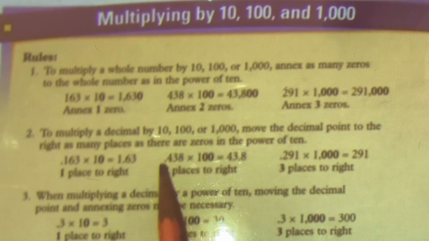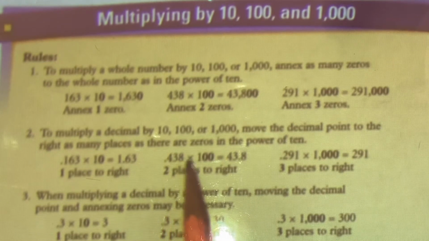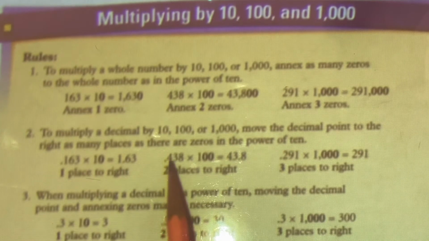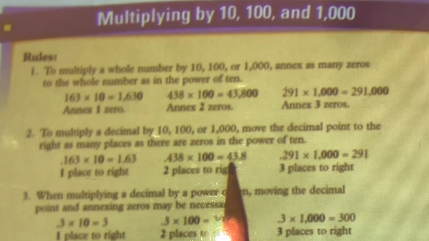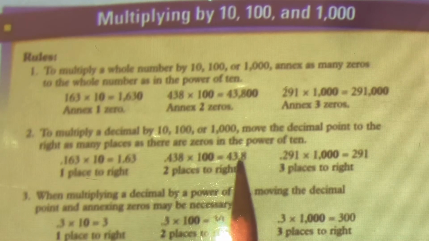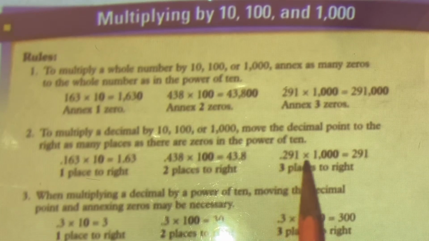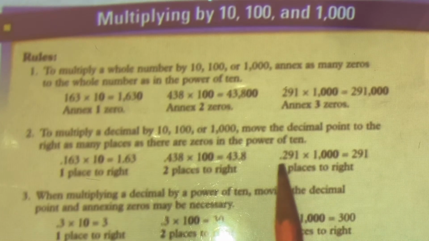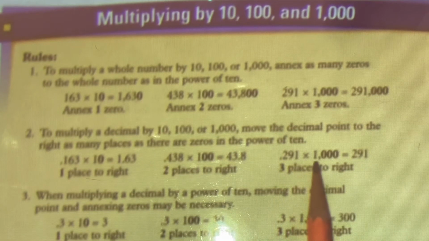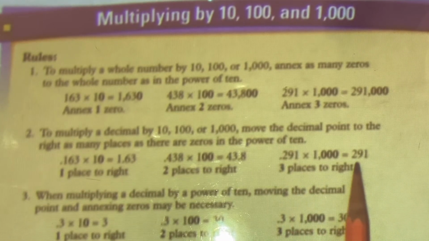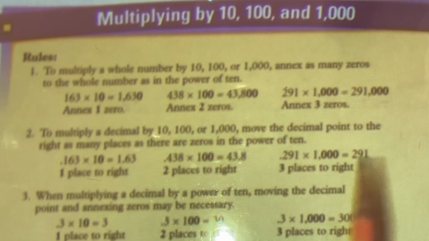Second example, 0.438 times 100. So we move the decimal point 2 places to the right, 1 and 2. That makes the number 43.8. The third example, 0.291 times 1,000, we move the decimal point 3 places to the right, and that number becomes 291.